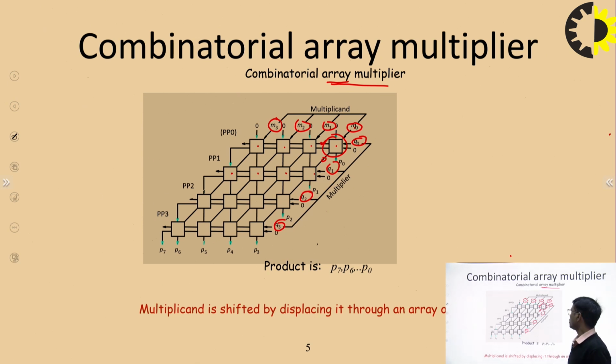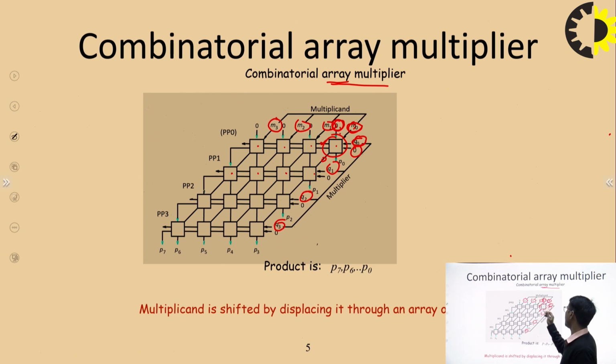Fine. So, we can easily see that when M0 and Q0 are given to this cell, since the partial product is initially set to 0, it will add 3 bits: 0, M0 and Q0, and certainly the initial carry we are setting as 0.